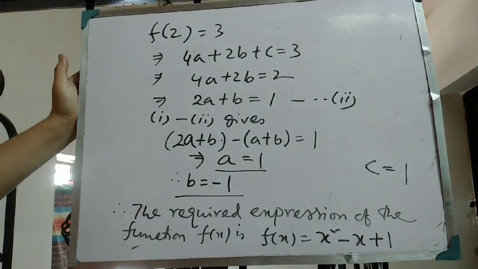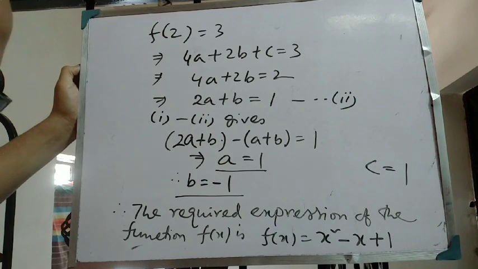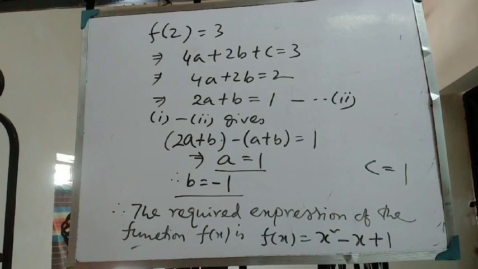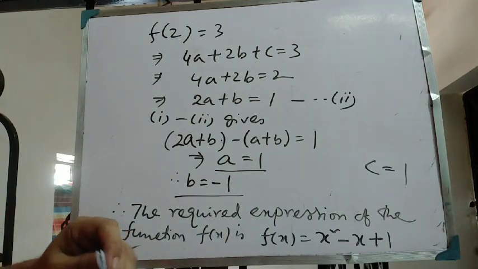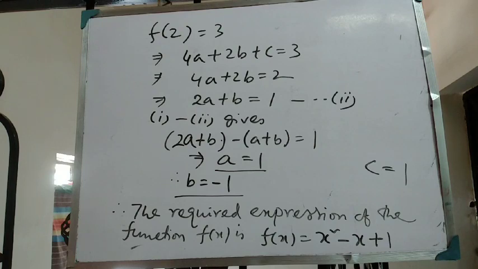Without being given the form of the expression, you are able to find the unknown polynomial function when you are given three values of the function. So that is the end of the topic polynomial. I think I was able to cover all the topics of polynomial for the revision test. So that's all. Thank you.